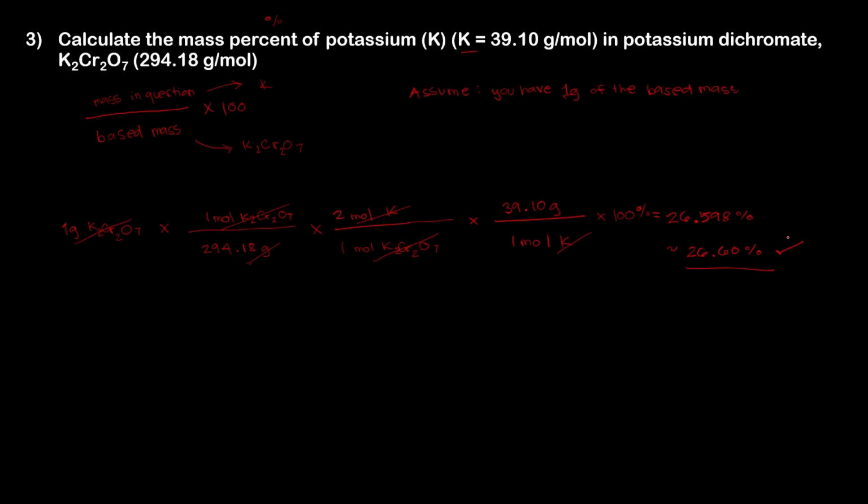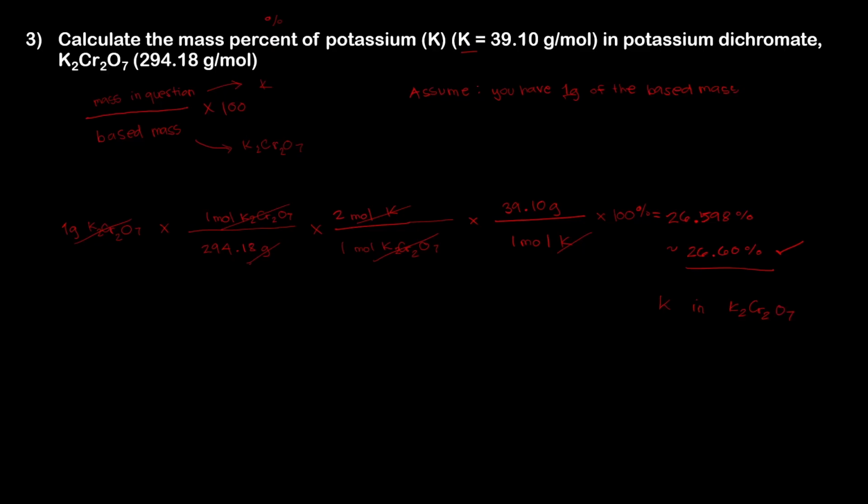So 26.60% potassium in K2Cr2O7. This is the mass percent of potassium.